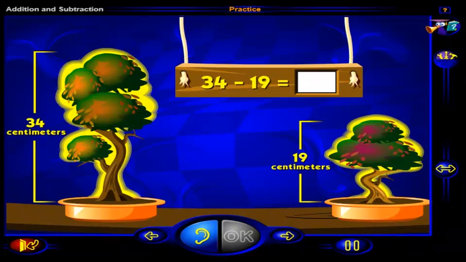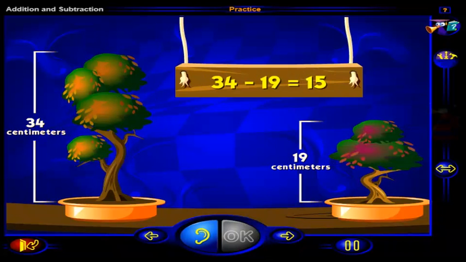Type in your answer here, and when you're done, click OK. That's it! The difference between 34 and 19 is 15.